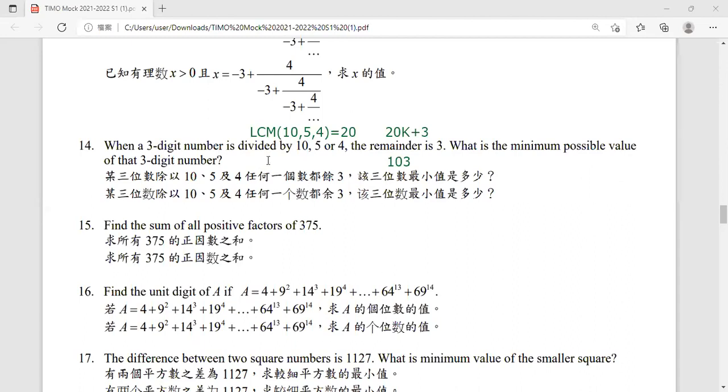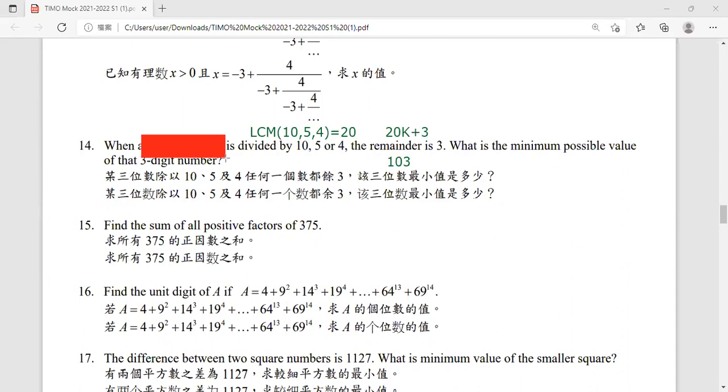Now let's pretend that you don't know it. Take away this one first. Any number which has a remainder 3 when divided by 10, 5, and 4 will be a multiple of 20 plus 3, because the LCM of 10, 5, and 4 will be 20.